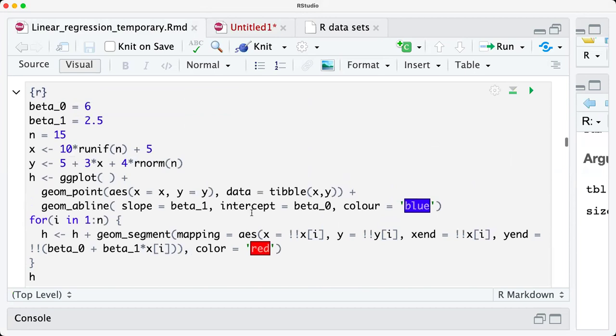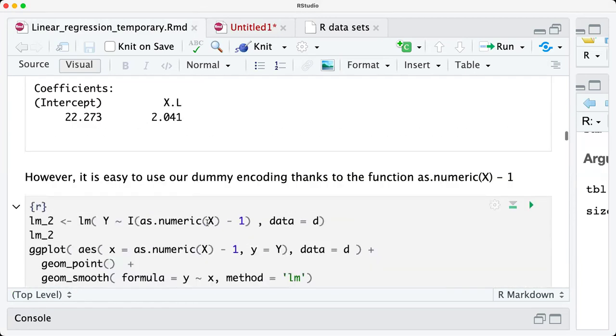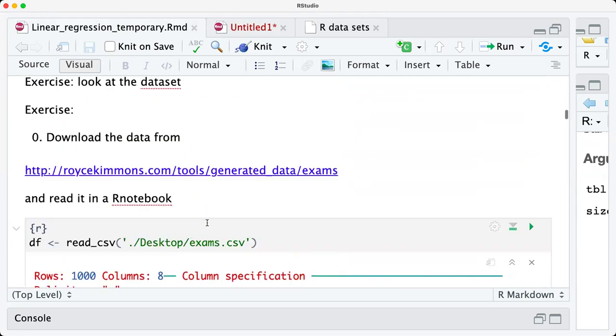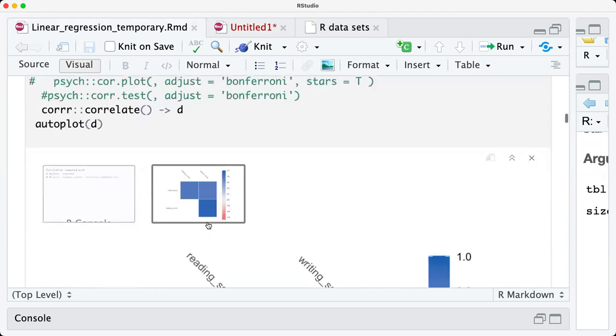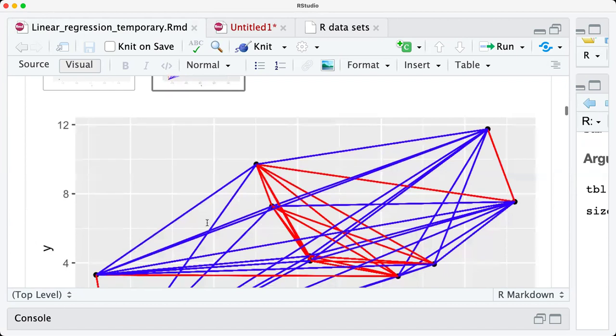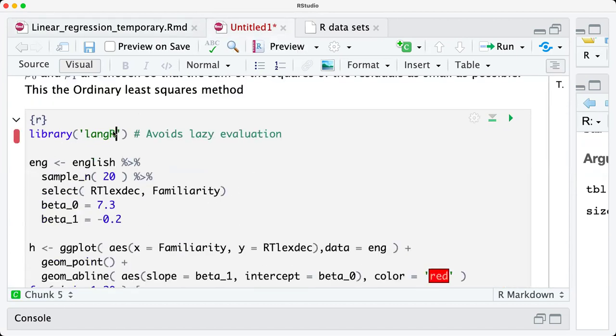I did it here. So the package is Erlang, without the capital letter.